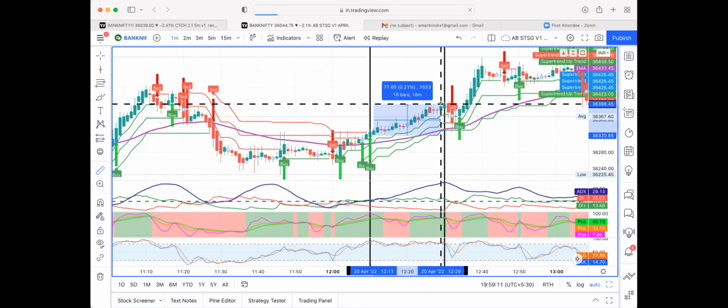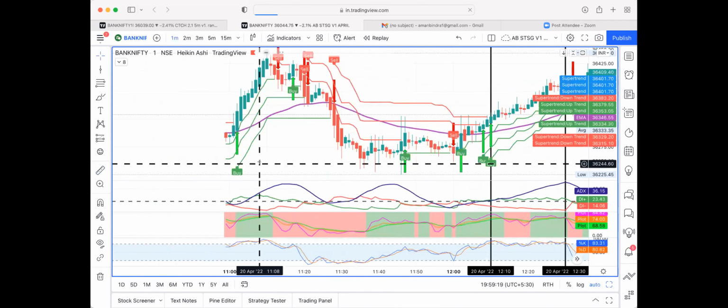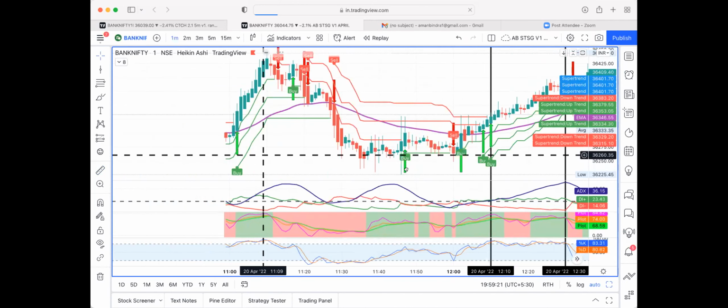It's around 80 points, and it's not that big a trend. Still, we have managed to scalp 80 points from here.